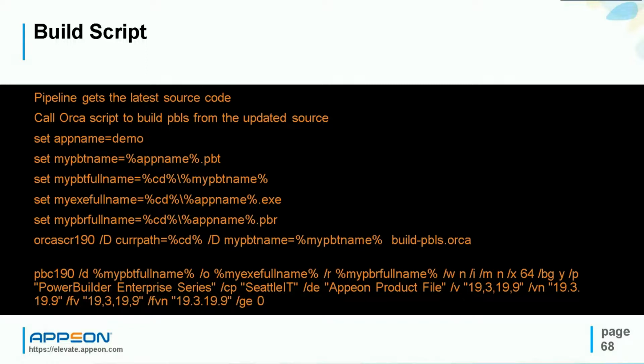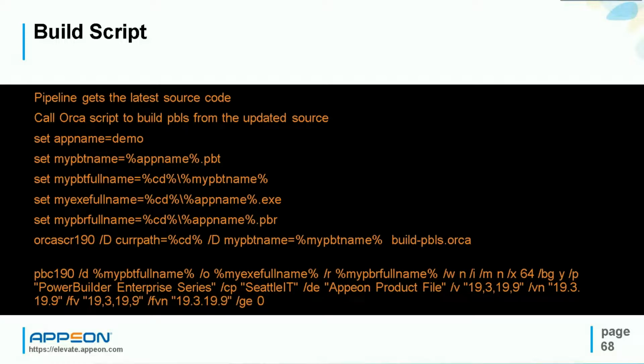So yeah, everything's just based on the name. I'm calling it app name, but that's the name of my target, and that's the name of the directory that it's in, and the name of the executable and the PBR. And then it calls the Orca script, and you can see here the two -d parameters on the Orca script line.